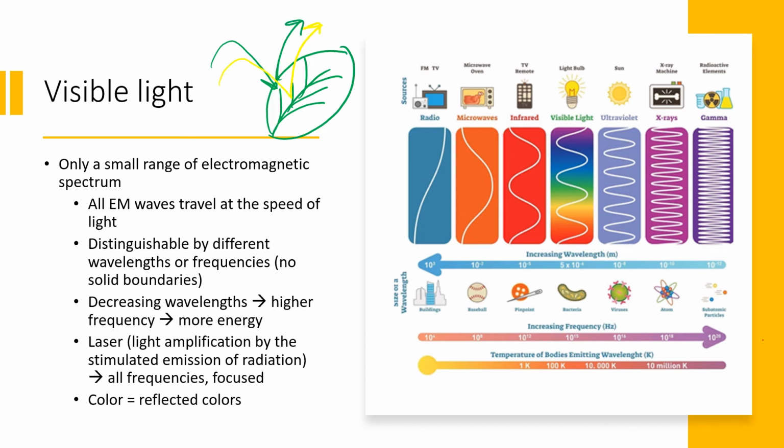Some yellow will also reflect. Some blue will also reflect. But stuff like red actually gets absorbed. Orange gets absorbed. Purple gets absorbed. The things that are absorbed are the colors you don't see. The things that are reflected are the things that you see.